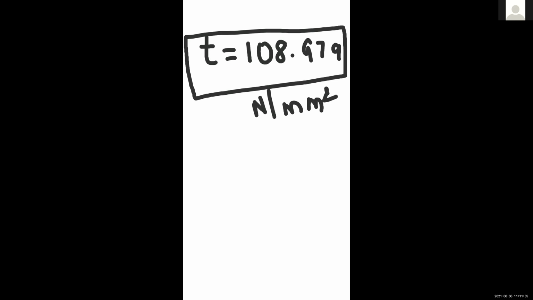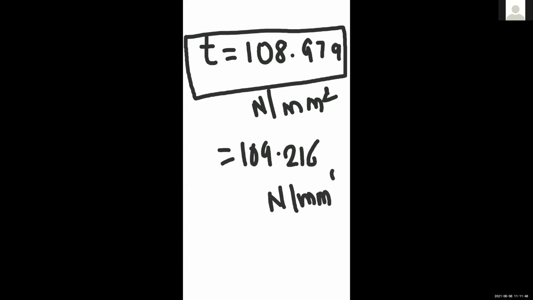Student: Ma'am, I am getting 109.216 Newton per mm square. Wait, first calculate that. What is the value of D?